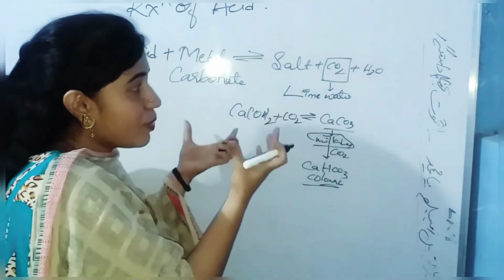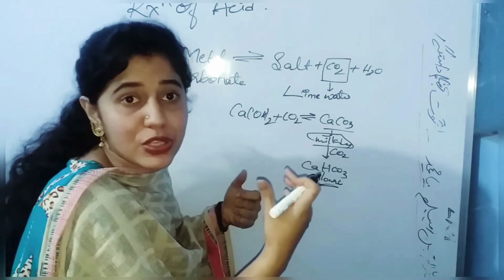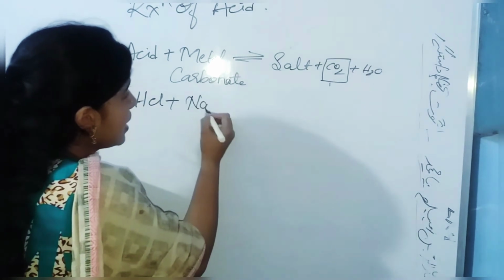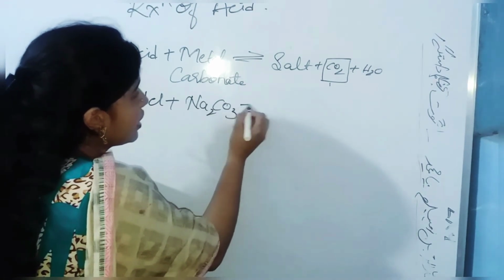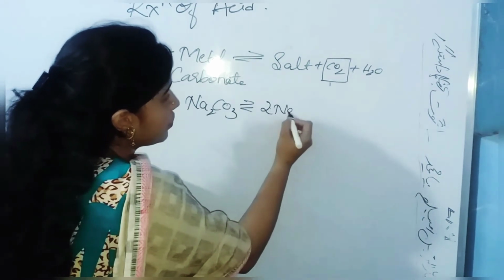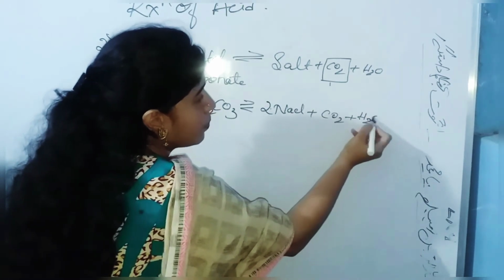Hence, whenever we are absorbing carbon dioxide traces, we should be careful. For example, metal carbonate Na2CO3 gives two molecules of NaCl plus CO2 and H2O.